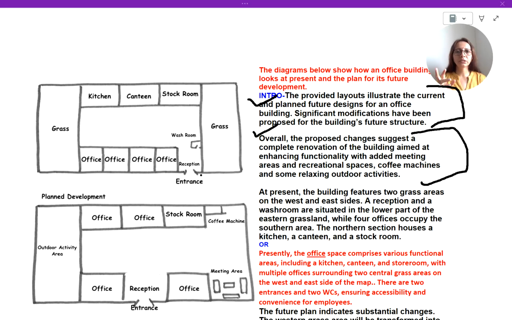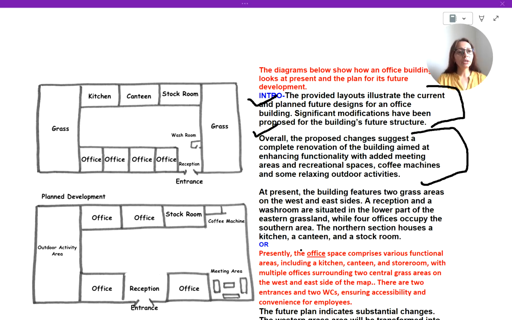A reception with two gates, see these two gates or two doors, are situated in the lower part of the eastern grassland. While four offices occupy the southern area, the northern section houses a kitchen, a canteen, and a stockroom. Sentence structure is also important. So this is about your present map.